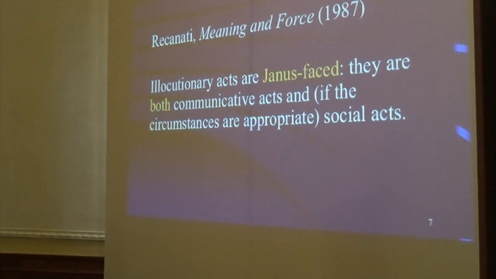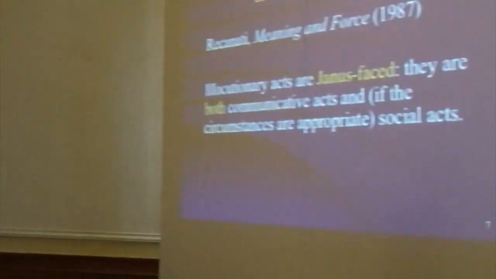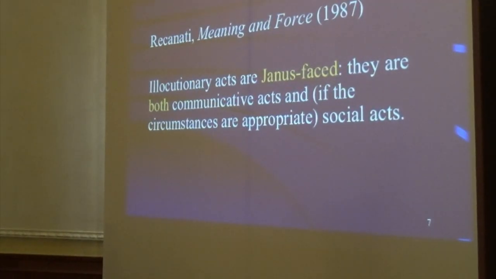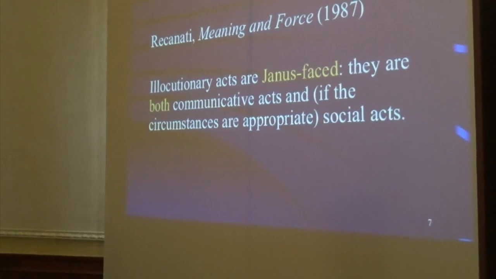But this notion of illocutionary act has a Janus face, it has two sides, but it's two sides of the same coin. That was Austin's insight. So those acts are both communicative acts, that's one side, and if the circumstances are appropriate, they become social acts.